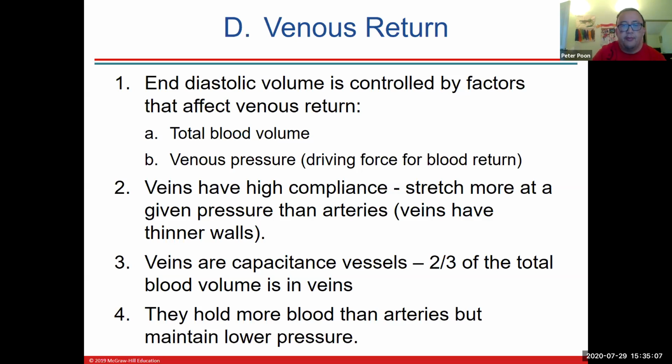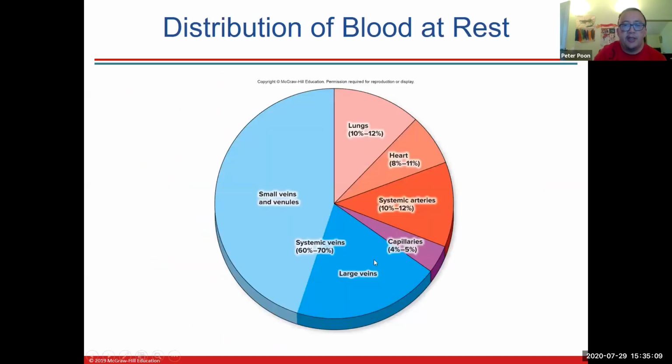You can see the veins actually contain most of the fluid and the arteries contain very little of the blood supply, but the arteries are under much higher pressure.